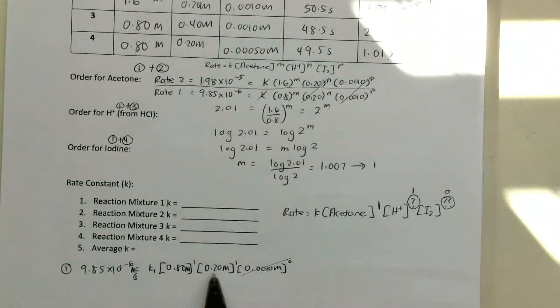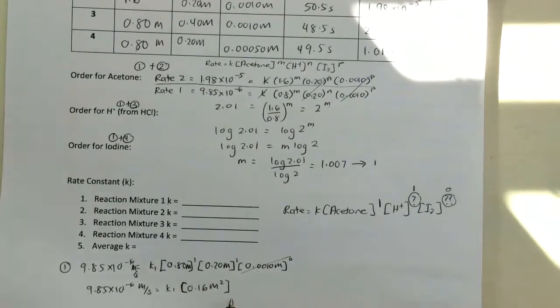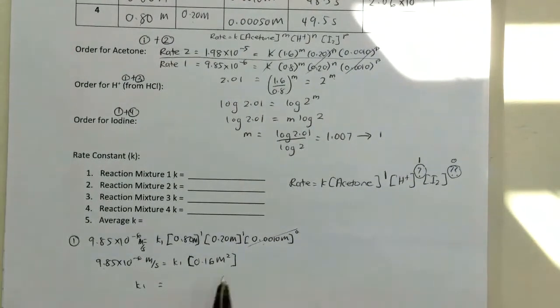Now I have to do the calculations here. So this is 9.85 times 10 to the minus 6 molarity per second equals K1 times these two terms here, which is 0.16 molarity squared. So K1 would be 9.85 times 10 to the minus 6 divided by 0.16.